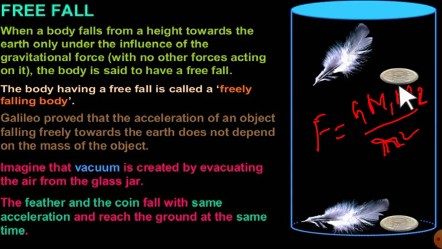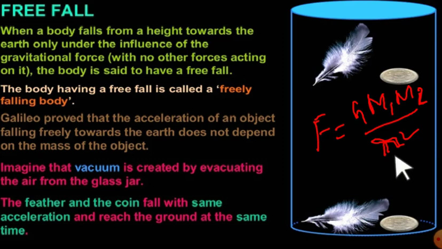So the velocity of this falling object will keep on increasing. The rate of change of velocity, that means the change of velocity of this falling object per unit time, will have a constant value. I'm not saying that velocity is constant, but the rate of change of velocity is constant, and that rate of change of velocity we call acceleration, and it is due to gravity, so we call it acceleration due to gravity.